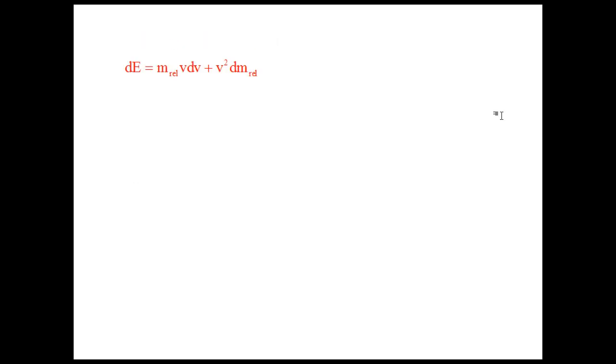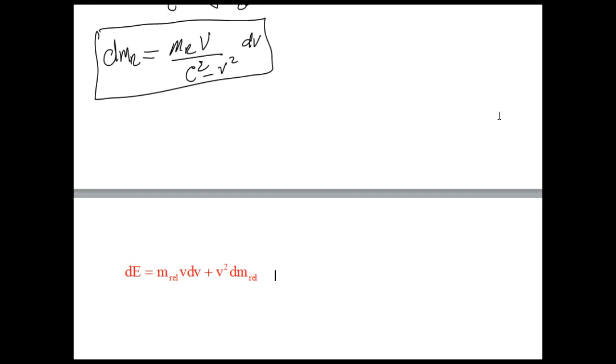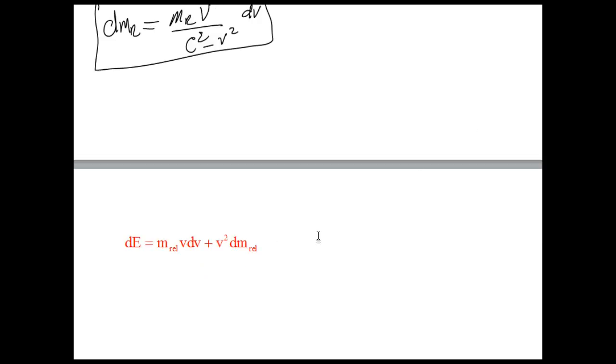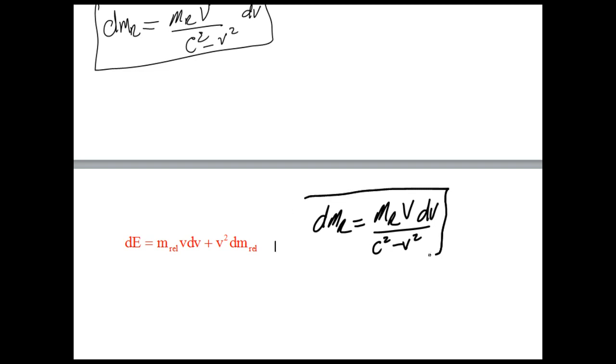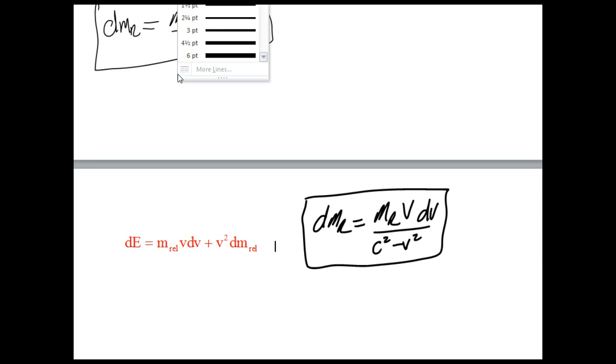So now I can rewrite this equation here. Let me get my pen back. The change in relative mass is equal to relative mass times the velocity divided by c squared minus v squared times dv, right there, and that's our equation. Let me get my thickness back here.